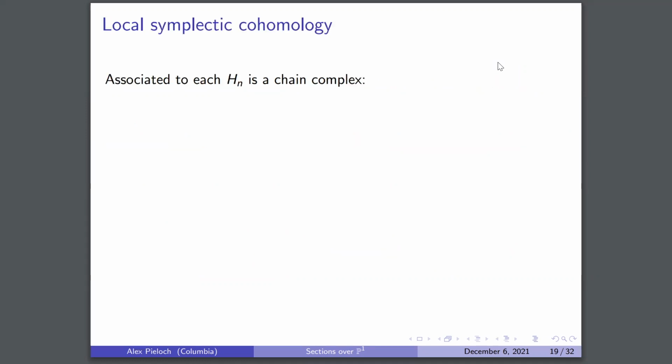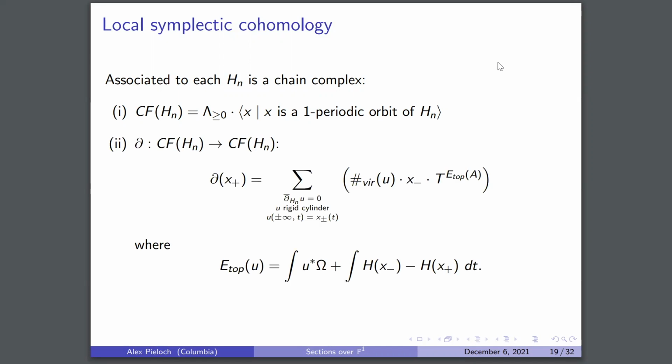Okay, so now we do the standard yoga. For each H_n, we get a chain complex. For every one-periodic orbit of our Hamiltonian vector field, we take a copy of the Novikov ring, and we construct our differential by counting rigid Floer trajectories inside of our space that are connecting pairs of orbits. And again, as usual, we weight by the energy of these Floer trajectories.